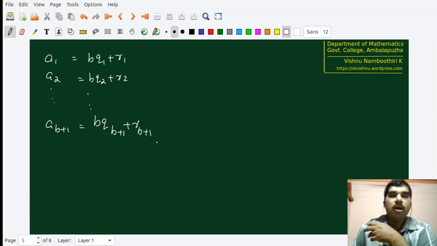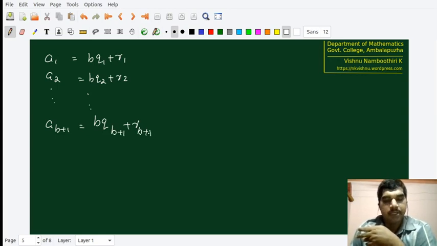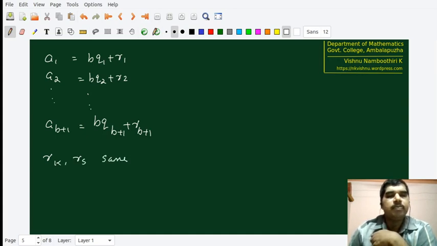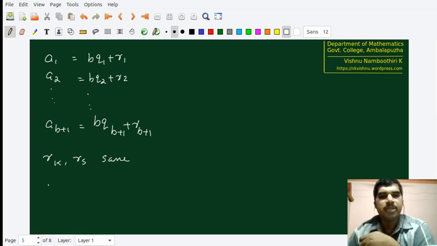But we don't have b plus 1 distinct integers as possible remainders. So that means that at least two of the remainders here must be the same. Say rk and rs must be the same, because we have only b distinct remainders possible and we have listed here b plus 1 integers. Therefore, at least two of them must be the same.